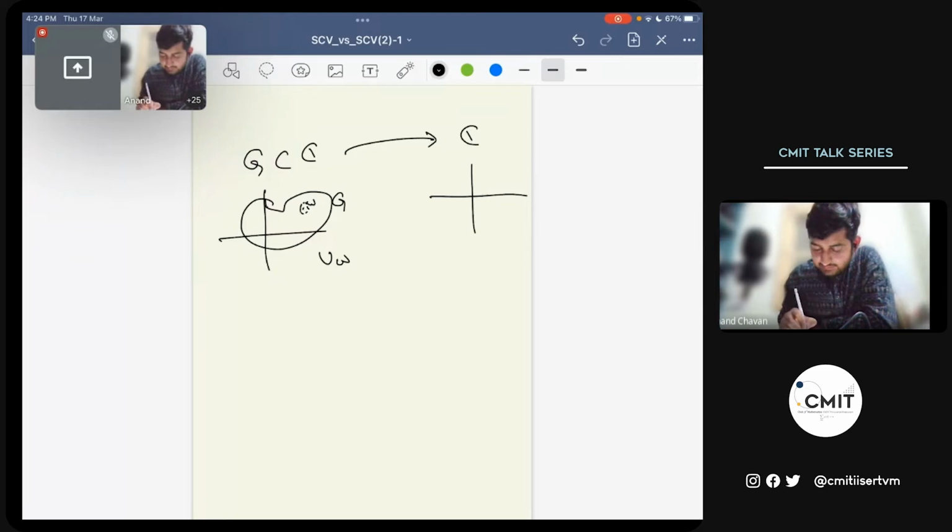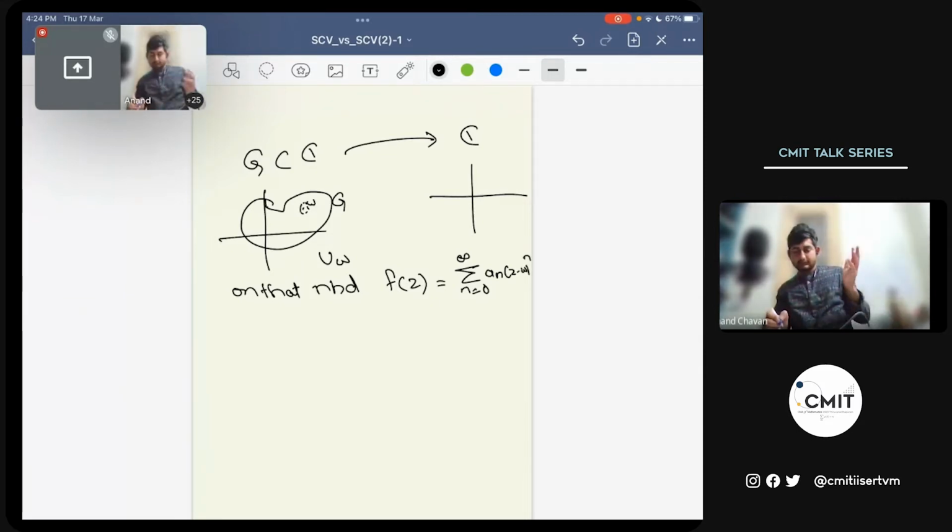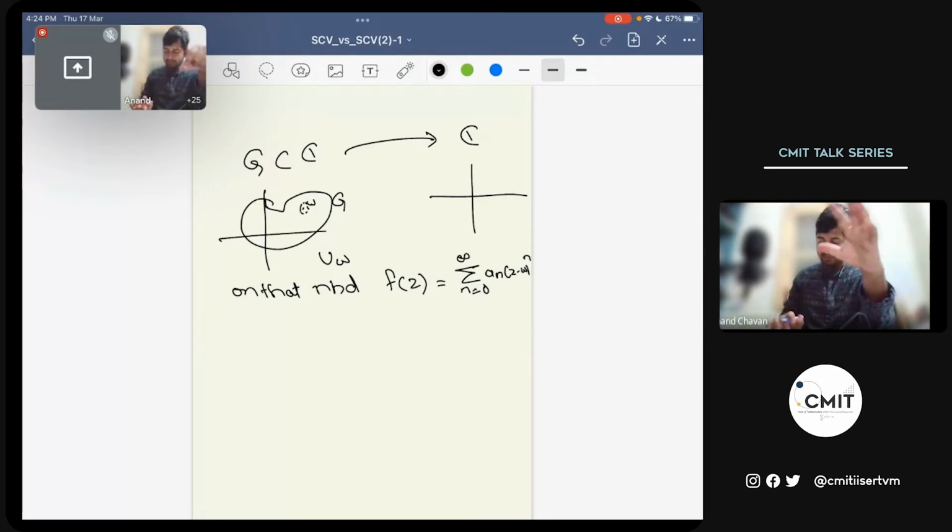On that neighborhood, f of z can be written as a power series expansion as mentioned before. So locally it can be represented as a power series expansion.